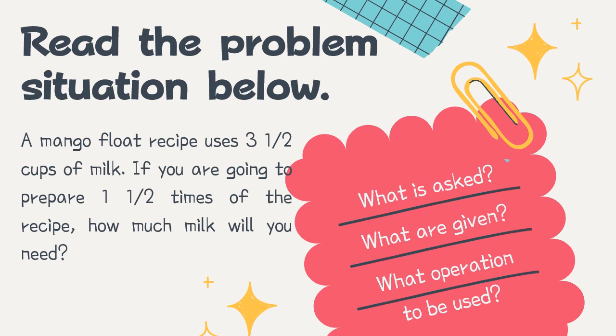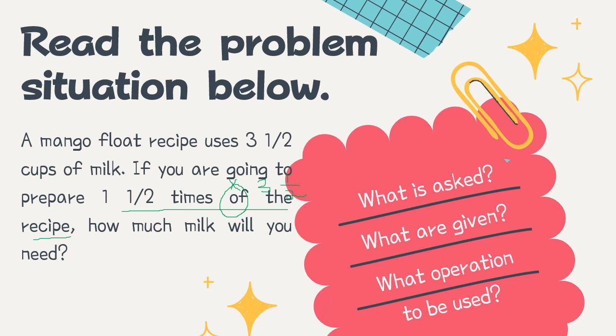What are we going to use? Again, you have here 1 1/2 times of the recipe. Of means multiplication. So that is 1 1/2 times 3 1/2.